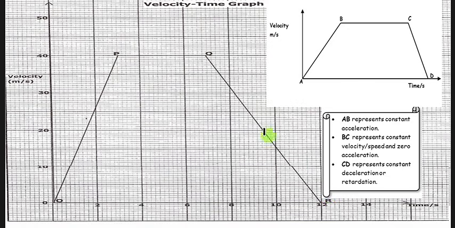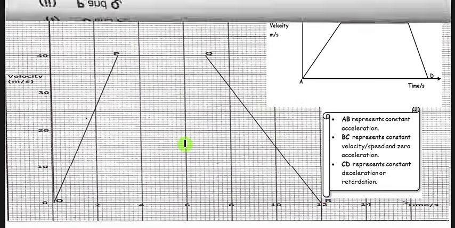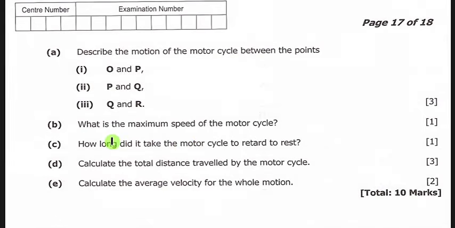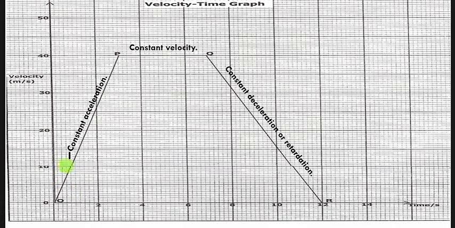So I thought I should explain this before we start answering the question. All right, so then they're saying describe the motion of the motorcycle between the points O, P, and Q. So here O and P, the motion is constant acceleration. Then here P and Q, it is constant velocity.